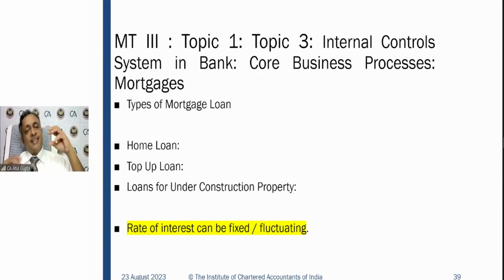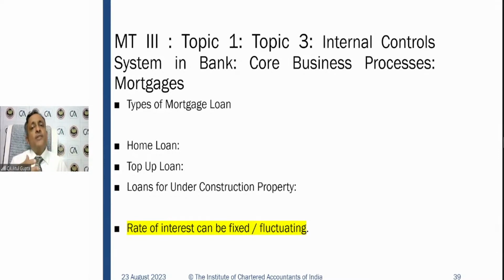Home loan means you take a loan to construct a home. There is Reserve Bank of India guidance on how banks are going to advance home loans. In fact, there was a recent update by Reserve Bank of India on the tenor. Generally, for home loan the repayment period is 10 years, 15 years, 20 years.